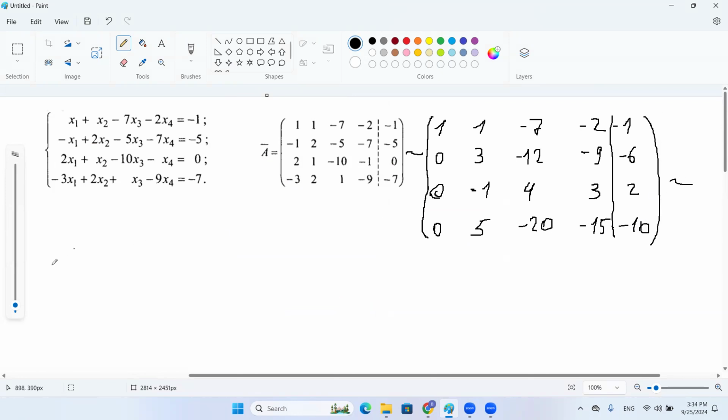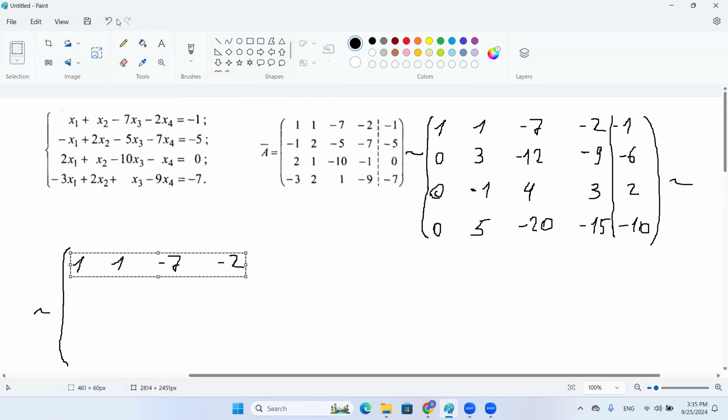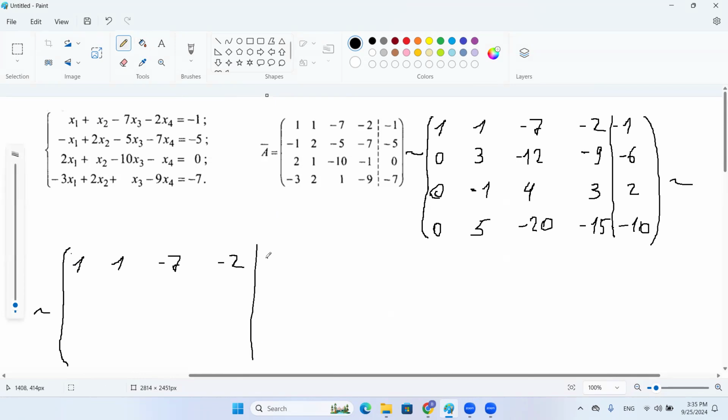Divide the last row by 5, and divide the second by 3. Yeah, so let's simplify our calculations with the division.